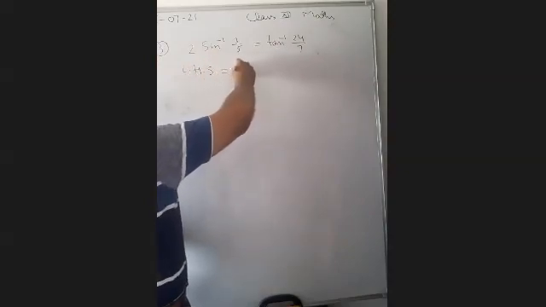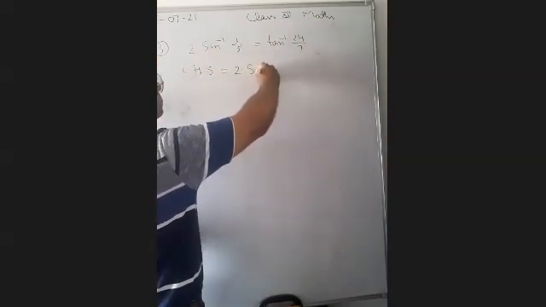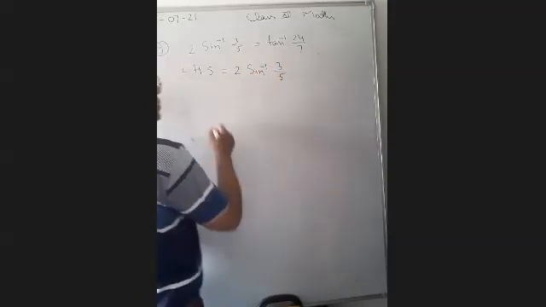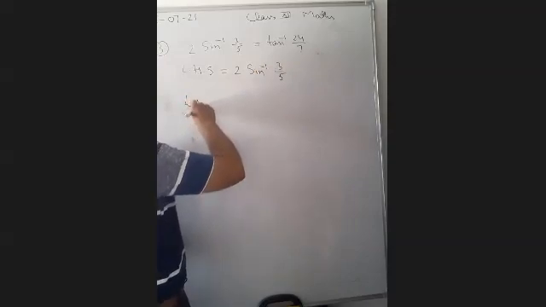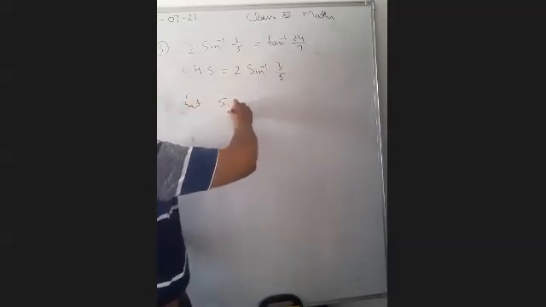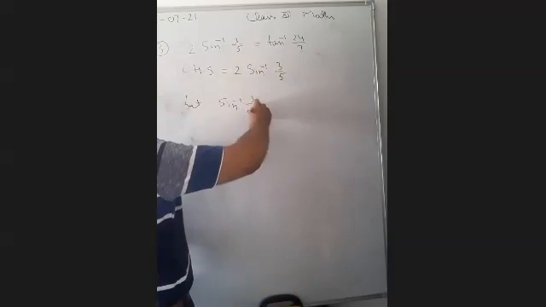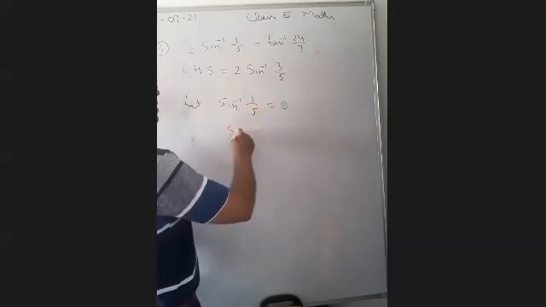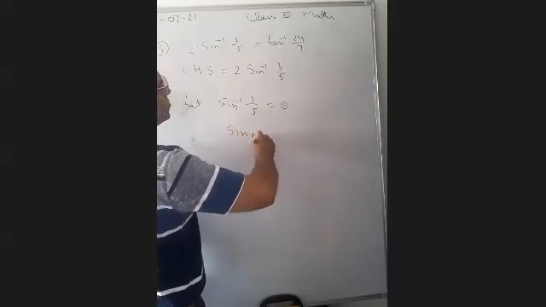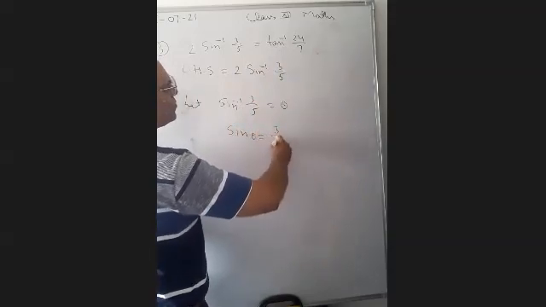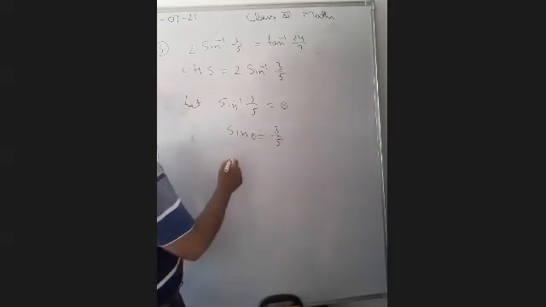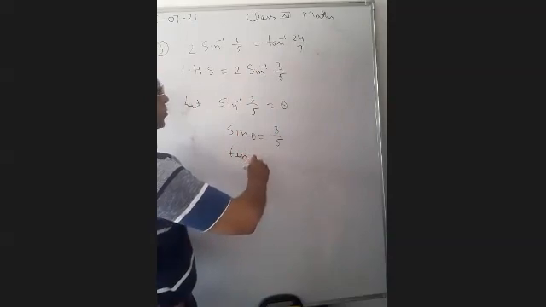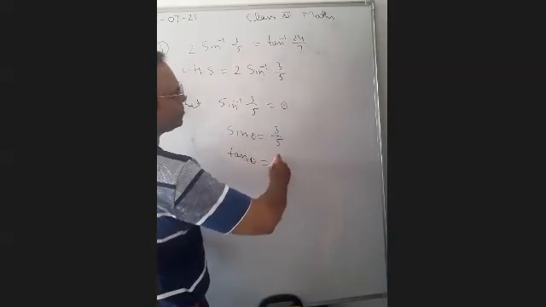Left hand side is equal to 2 sin inverse 3/5. Let sin inverse 3/5 equal to theta. So sin theta equal to 3/5. So tan theta will be, by using Pythagoras you can find out, 3/4.